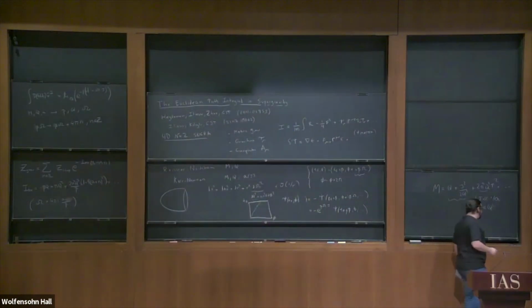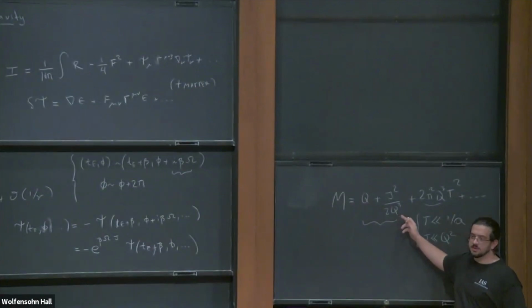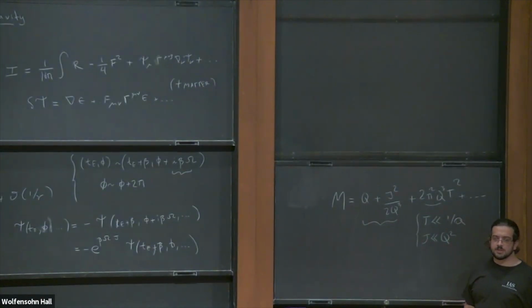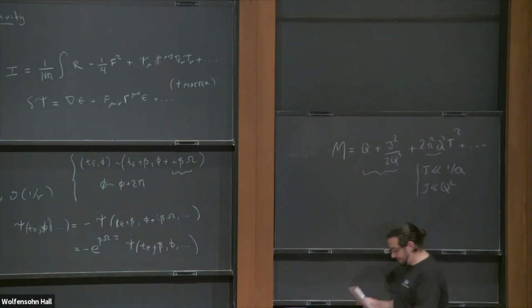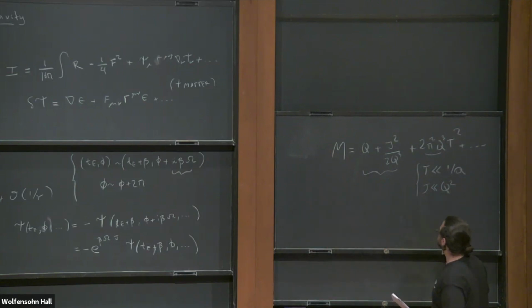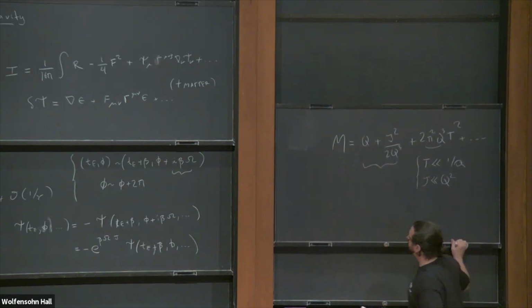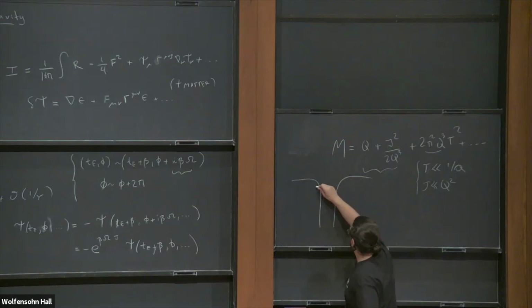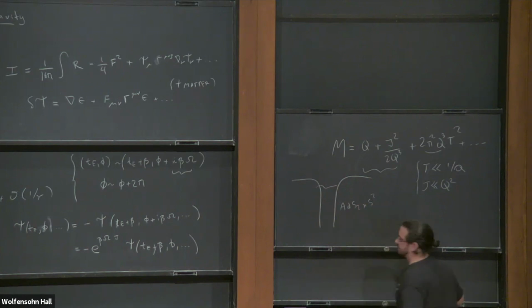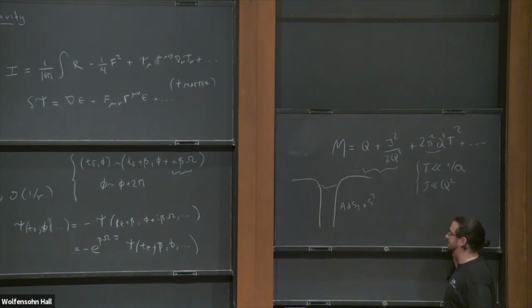And from that gauge field, something else that one can reproduce is the fact that one has this J² correction to the extremal mass. So the geometry for these black holes looks like there is a long throat with an AdS2 times S2 throat, and that's what controls this behavior.